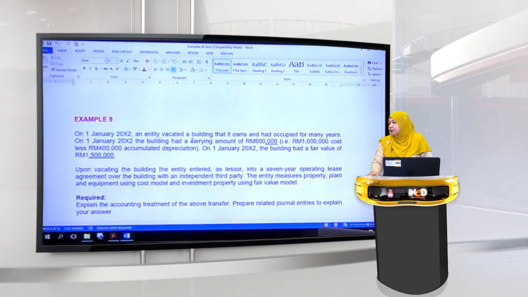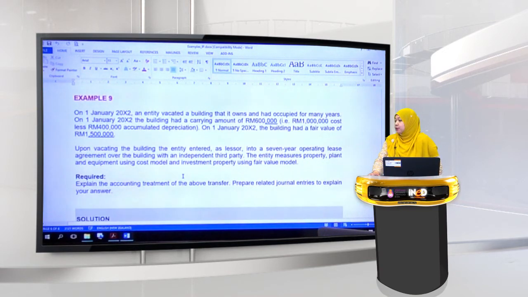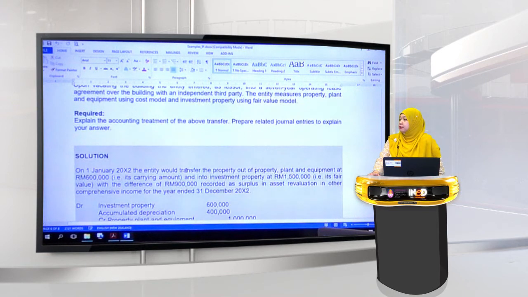On 1st January 20X2, the building had a fair value of 1.5 million. Upon vacating the building, the entity entered as lessor into an operating lease agreement over the building with an independent third party. The entity measures property, plant and equipment using the cost model and investment property using the fair value model. Explain the accounting treatment of the above transfer. Prepare related journal entries to explain your answer.